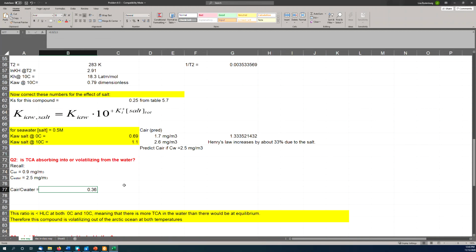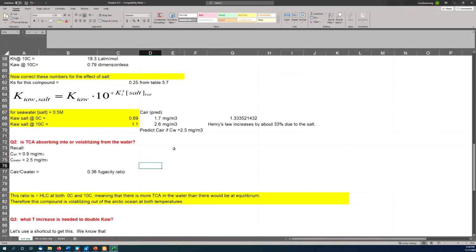And since Henry's law constant is concentration in air over concentration in water, this ratio, this is what we call the fugacity ratio, has to go up. And since this fugacity ratio is sea air over seawater, in order to get it to go up, sea air has to go up. Okay, so that's telling you that this compound is volatilizing out of the water column at both of these temperatures.